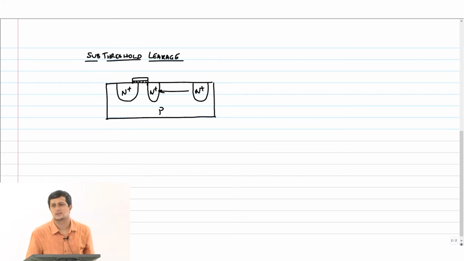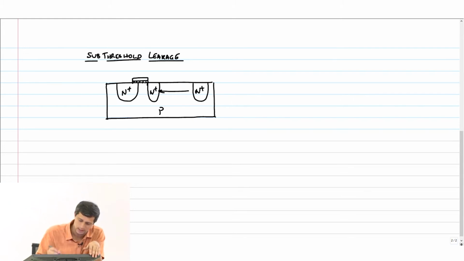So if you look at this particular structure, it resembles another kind of device, okay. This is an n plus region.